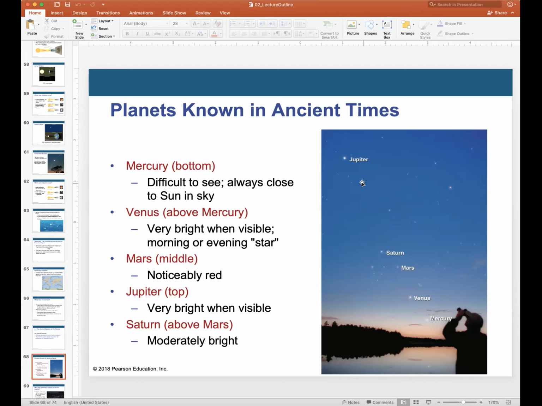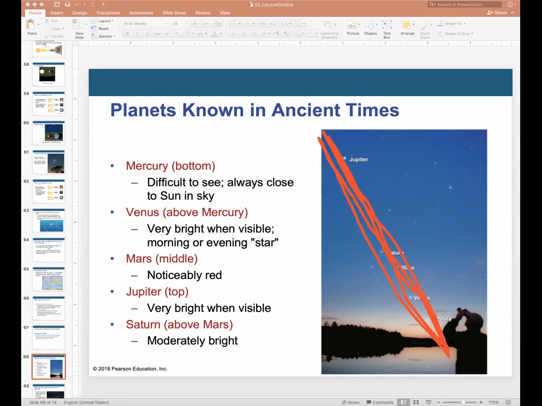They knew that Jupiter, Saturn, Mars, Venus, and Mercury are all lying in the same plane. This is the ecliptic plane. All of these are lying in the same plane, or they are all sharing the same path in the night sky, and we call it the ecliptic plane.